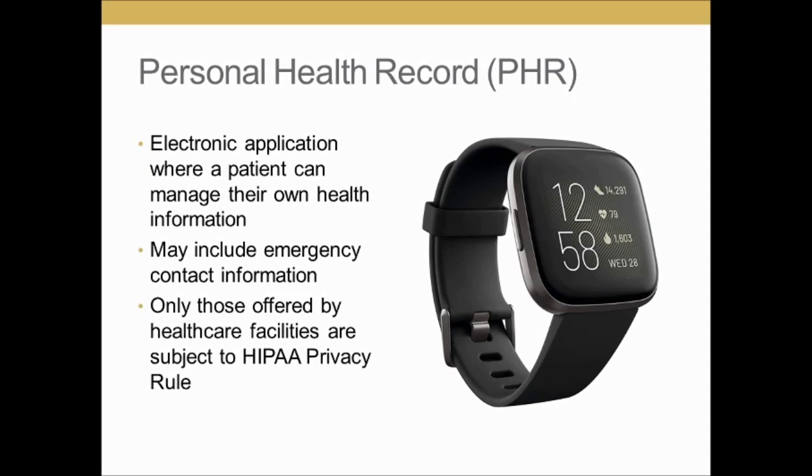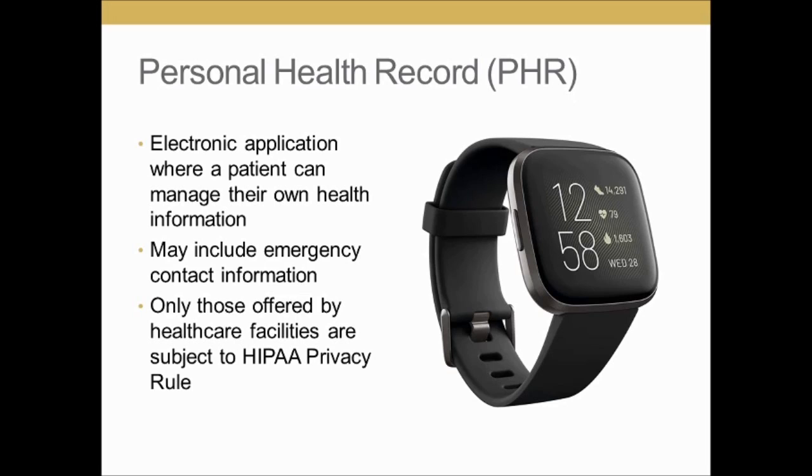Or sometimes they have it as an app on their phone, maybe a Fitbit, where it tracks all of your steps and your heart rate and how many calories you burned. It can also track medical conditions. If you're over a certain age, it can alert people if it thinks that you fell.